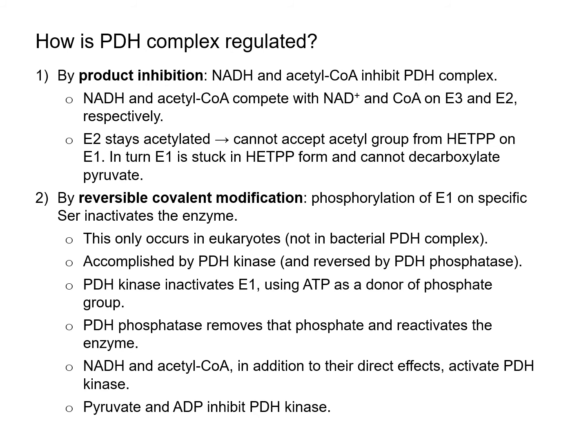It's accomplished by PDH kinase, which phosphorylates the PDH complex, and it can be reversed by PDH phosphatase. PDH kinase inactivates E1 using ATP as a donor of a phosphate group. So the phosphorylated form of E1 is an inactive form of this enzyme. And PDH phosphatase removes the phosphate and reactivates the enzyme.